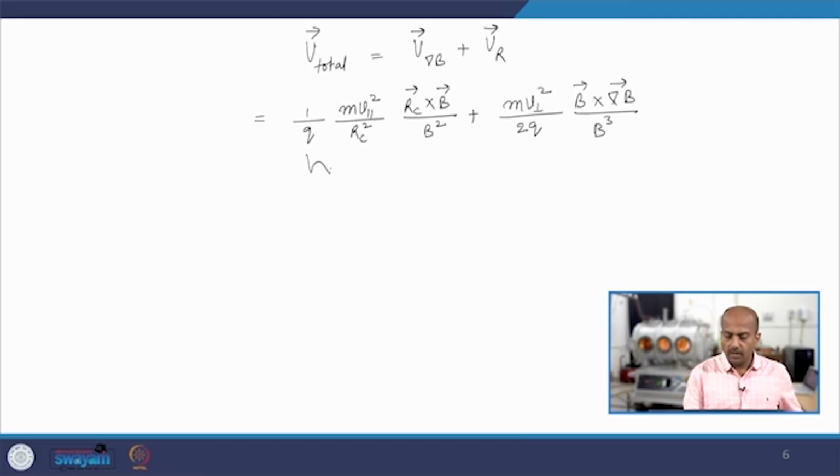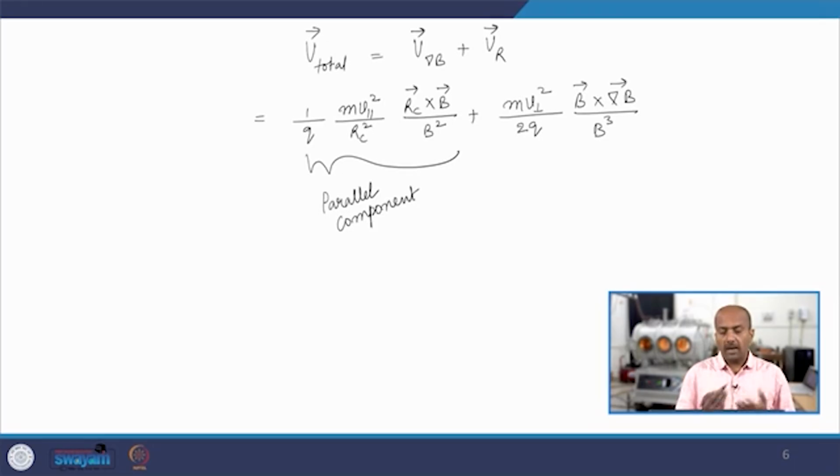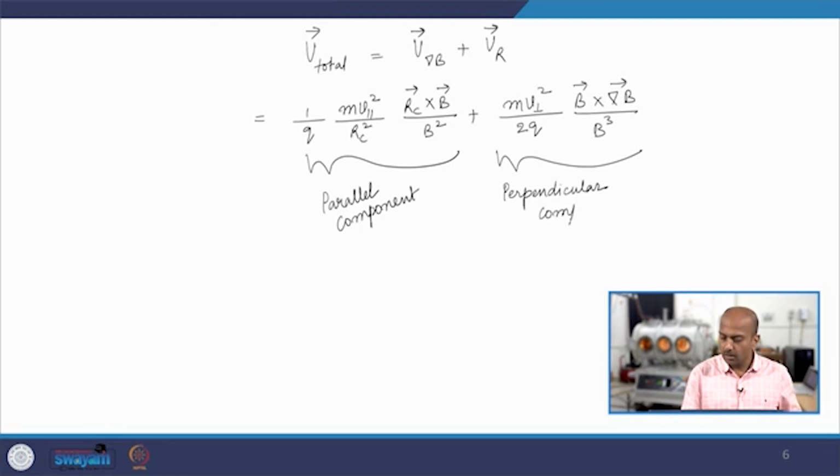So, this is the curvature drift which is taking care of the parallel component of the velocity, because the particle is moving along the phi direction and this drift seems to be affecting the phi component of the velocity, which is the parallel component, and this is affecting the perpendicular component of velocity.